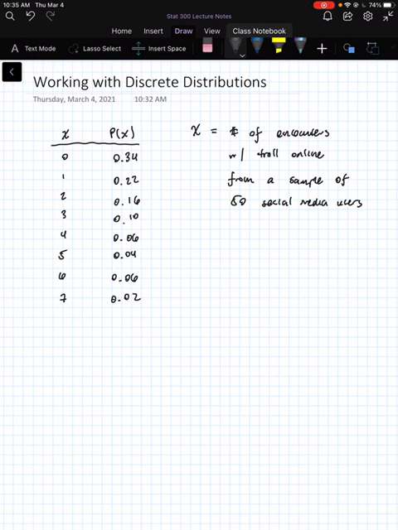So to interpret this, what we're saying is, assuming this sample is representative, this line, for instance, is saying that the probability that someone encounters 3 trolls online per month is roughly 0.10, meaning about 10% of users encounter a troll 3 times a month.